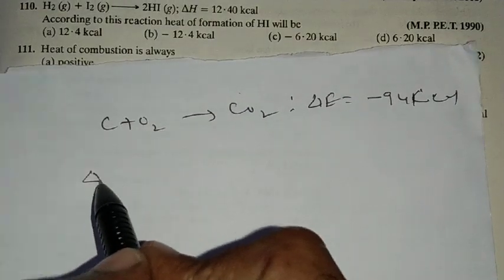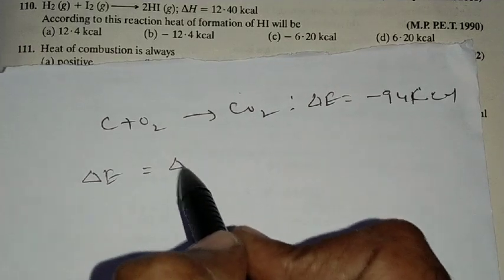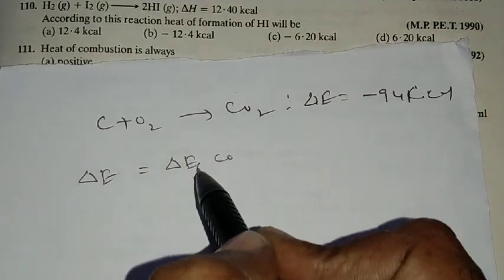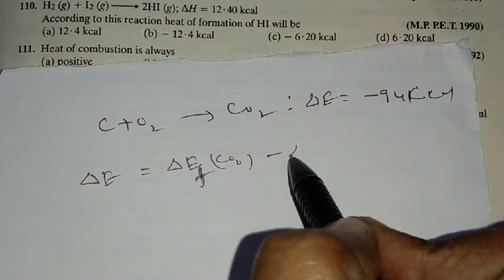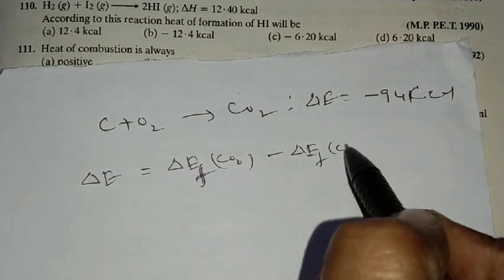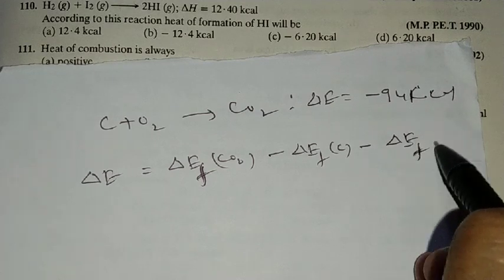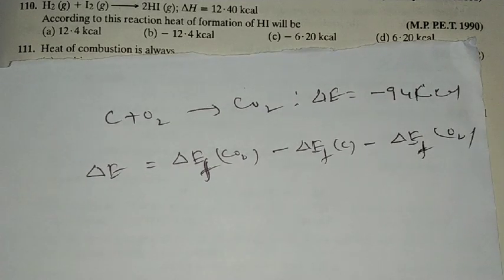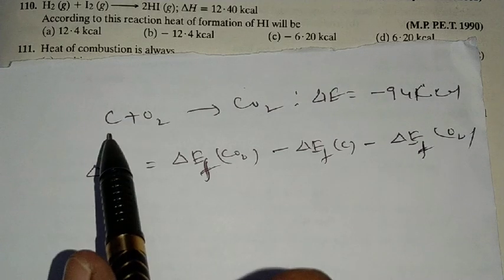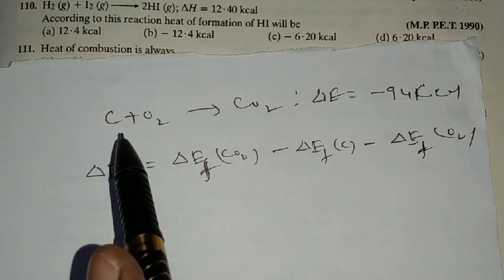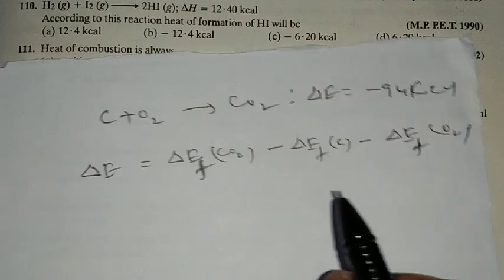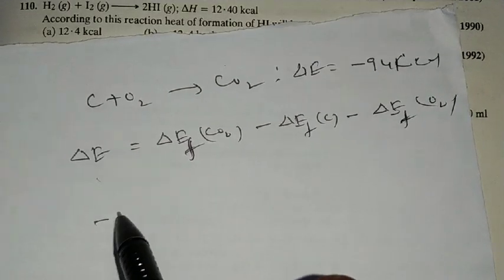Now delta E of the overall equation equal to delta E of CO2 minus delta E of C minus delta E of O2. That means internal energies, bond energy, simply we can say that. In the case of energies, we can take reactant energies minus product energies. So here delta E value how much is given?